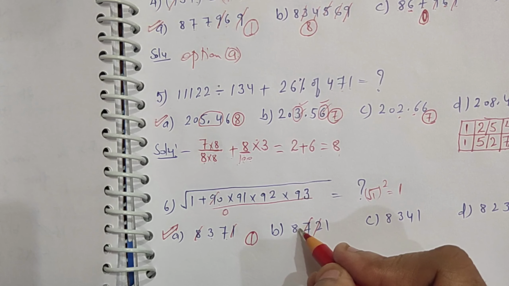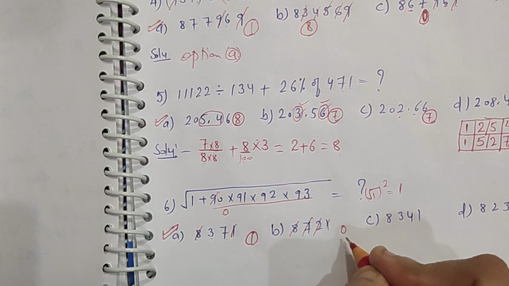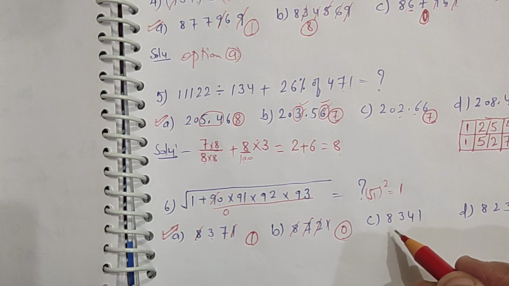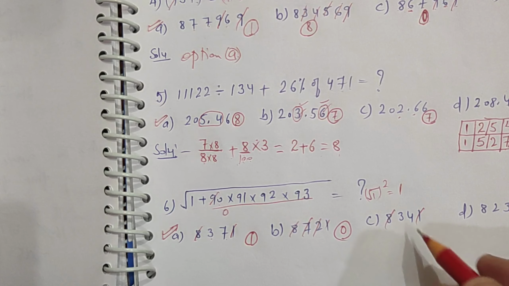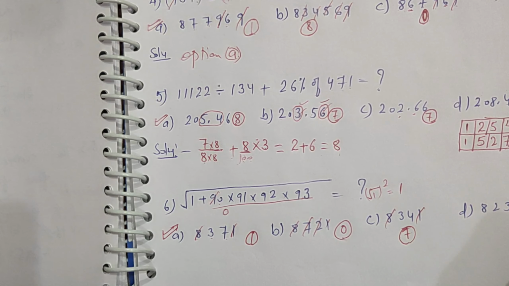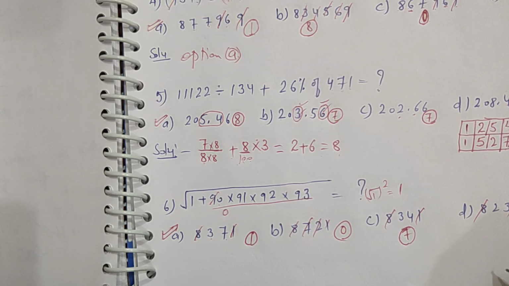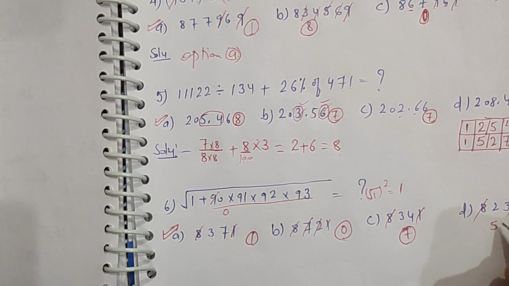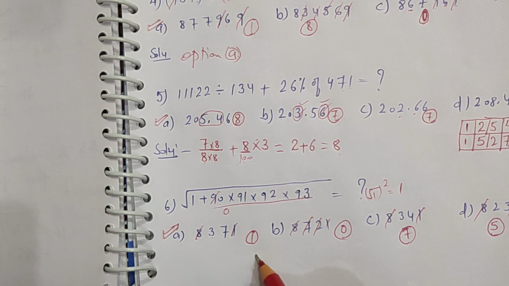Cancel it. And here 8 plus 1, 9. 0 is the digit sum. Here 8 plus 1. Cancel it. 4 plus 3, 7 is the digit sum. Right? Here 8 plus 1. Cancel it. 9. And 2 plus 3. 5 is the digit sum. So what is my correct answer?